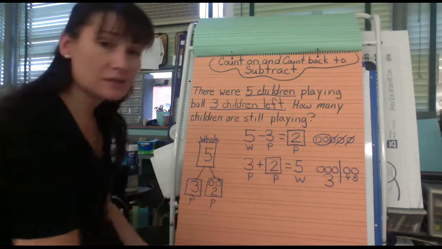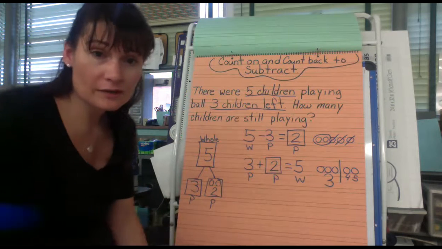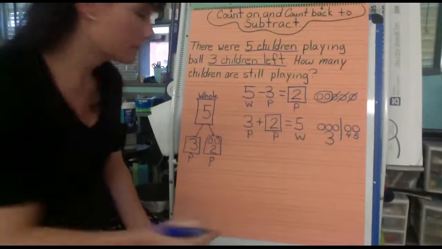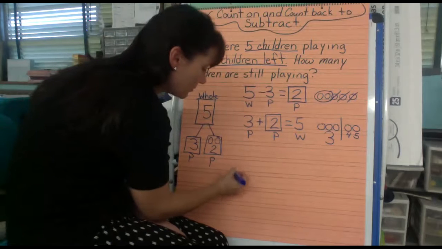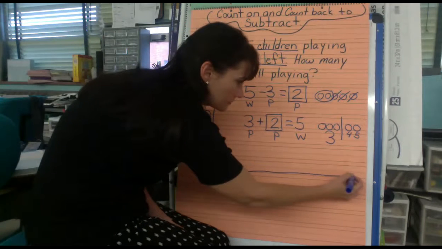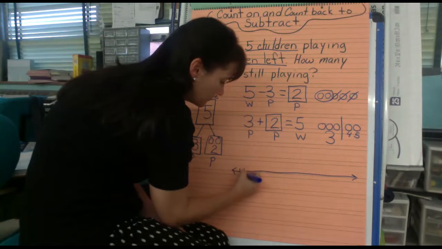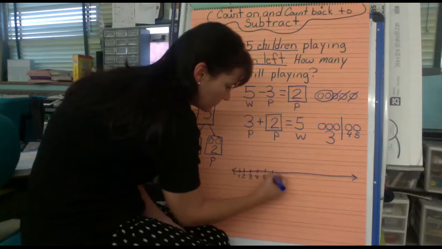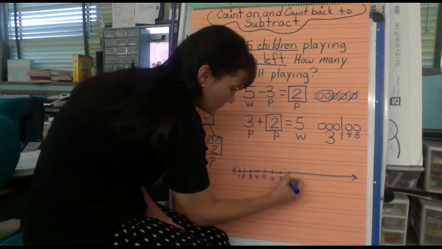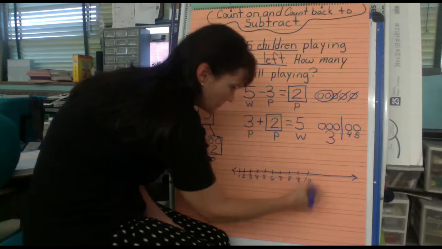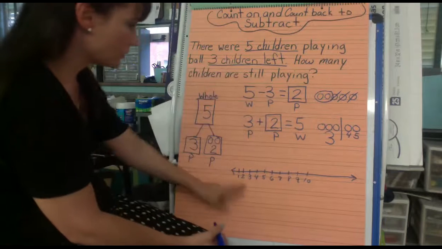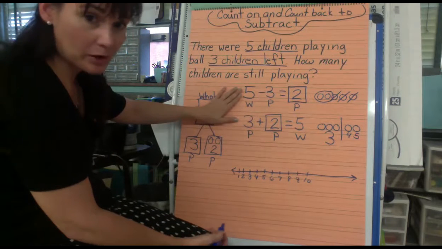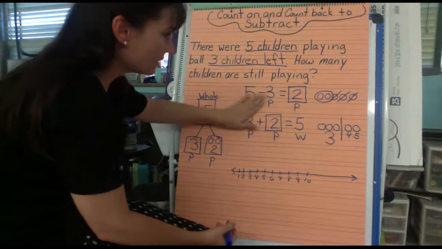I could show this as well on a number line, how they work together. So if I have my number line, I could use my first problem, 5 minus 3.